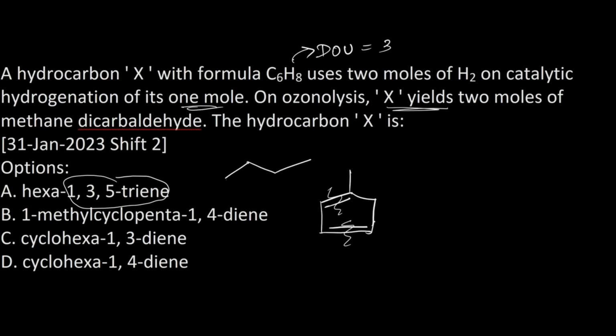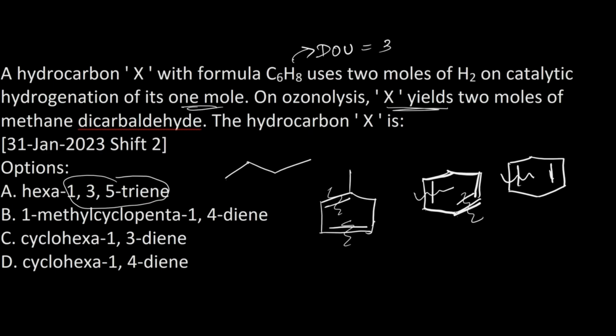What about cyclohexa 1,3 diene? In that case, if I am breaking the double bond for ozonolysis, it will give this part as 1 double bond and another part is not showing any symmetry. So the same product can't be formed. What about the last option? Cyclohexa 1,4 diene.